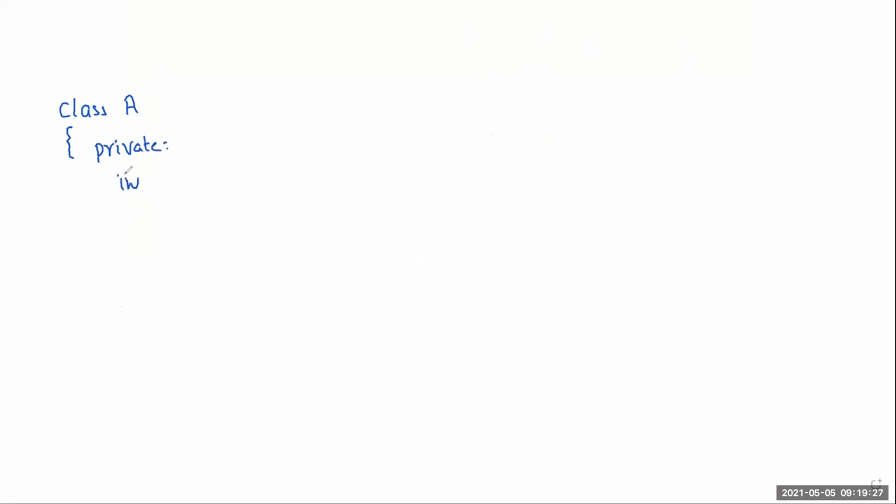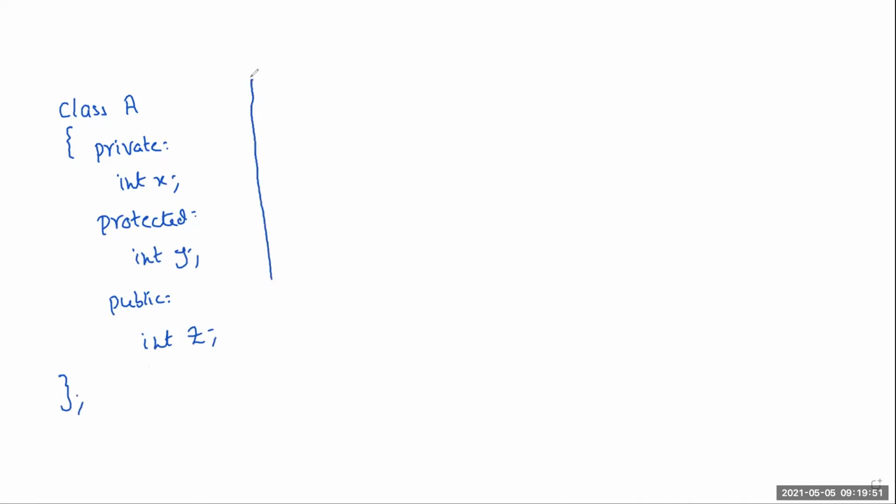We say X is private, and then we take a protected data member, we call it Y, and we also take a public data member, we call it Z. Okay, although we always stress that data should not be public, since here in this example our objective is just to study what can be accessed and what cannot be accessed, that's why I'm taking Z as a public data member, right? But you already know that we should not take public data members, right?